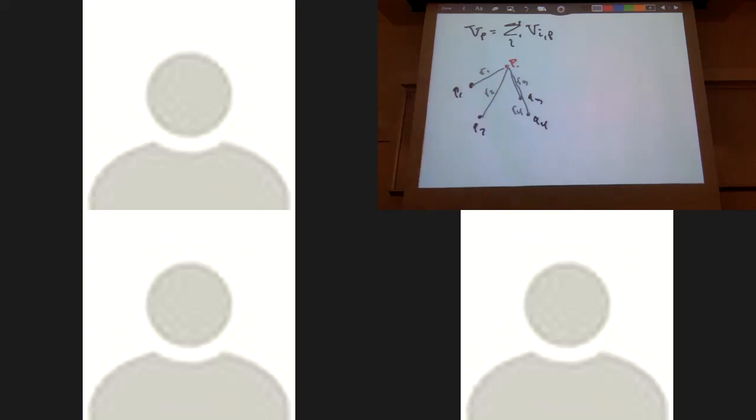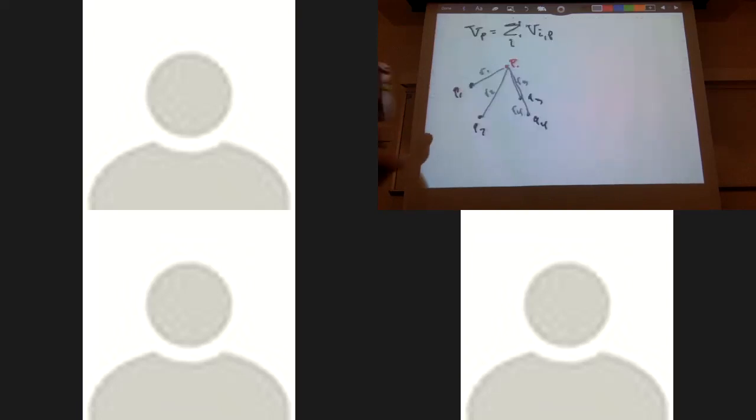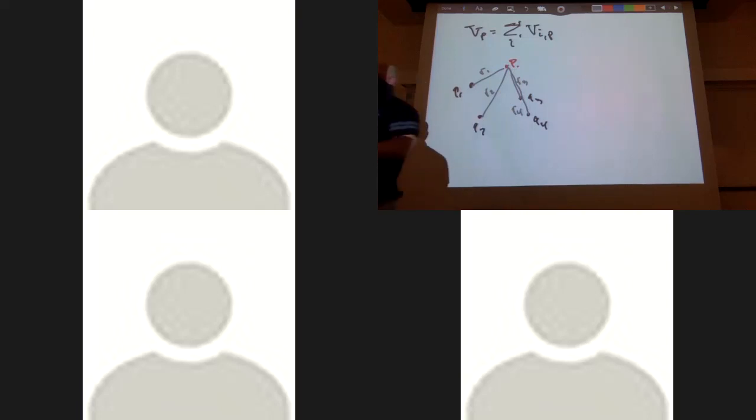Notice here when I write out potential, I'm not putting absolute values around that potential, which means if the charge is negative, the potential is negative. If the charge is positive, the potential is positive. But since it's a scalar quantity, I never have to care about direction. There is no directional property to it at all, which means I don't have to worry about this one pointing off in this direction, this one pointing off this way, and do a vector sum over all that. None of that matters, because it's a scalar.